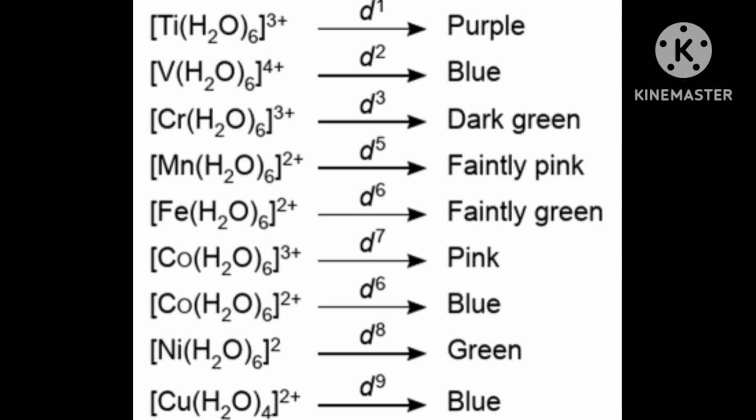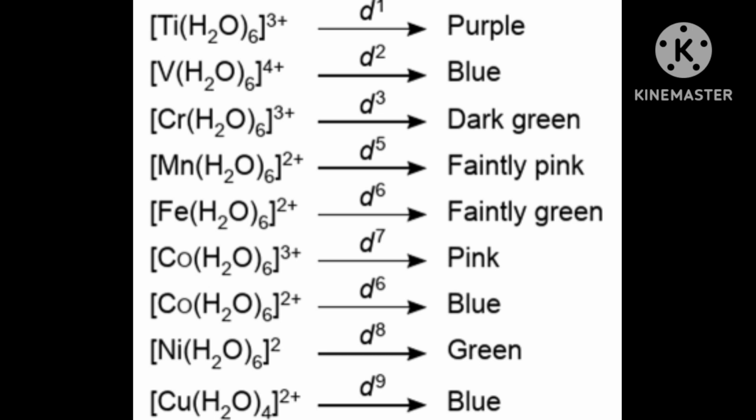Here the important thing is that light must be there. To show a colored compound, first d-d transition is a must, and for that the ligands must approach. Without ligands, no splitting, and for the splitting, d-d transition of electrons is required.